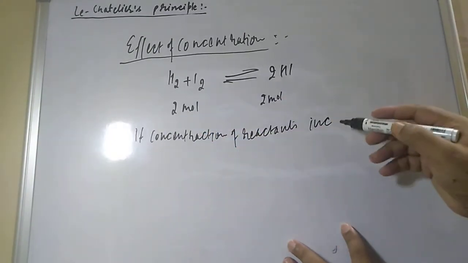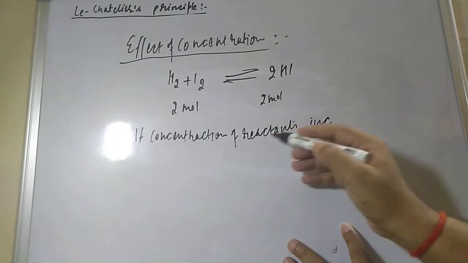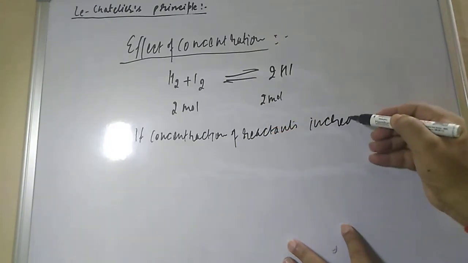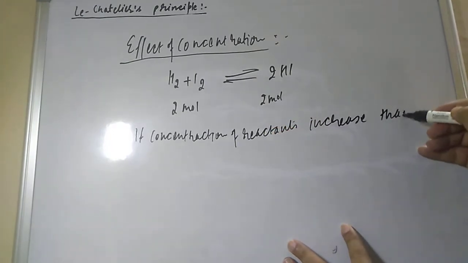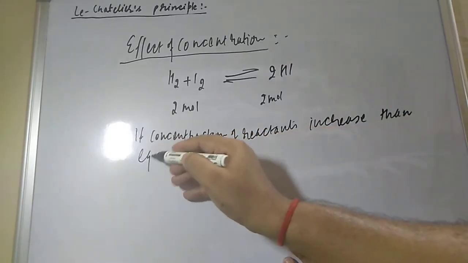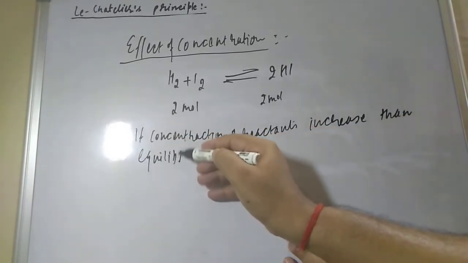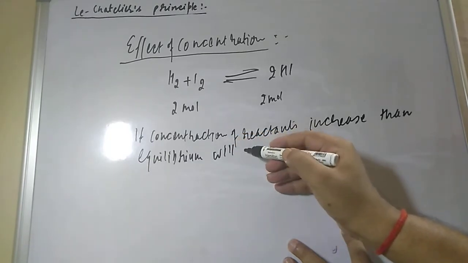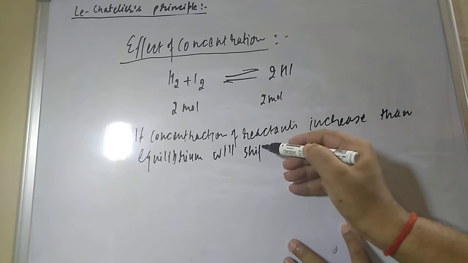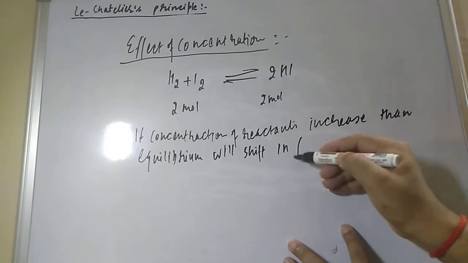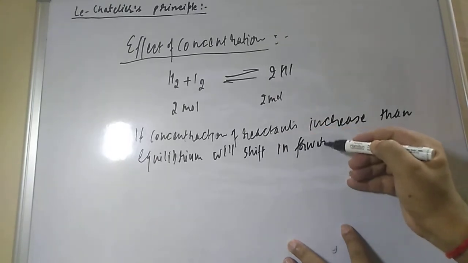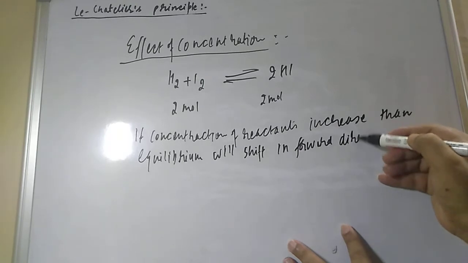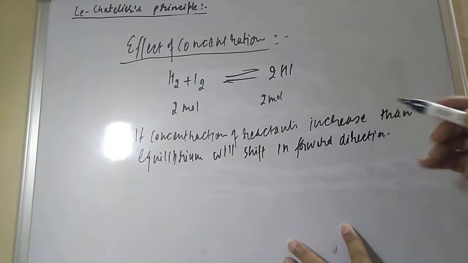So if the concentration of reactant is increased, then the equilibrium will shift in the forward direction. This is the first case, student.